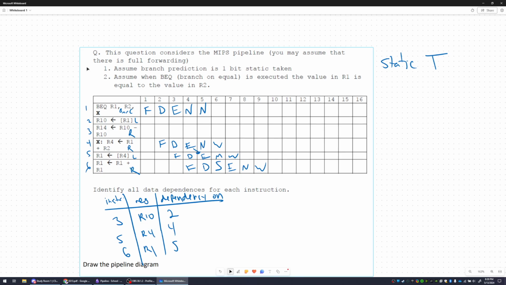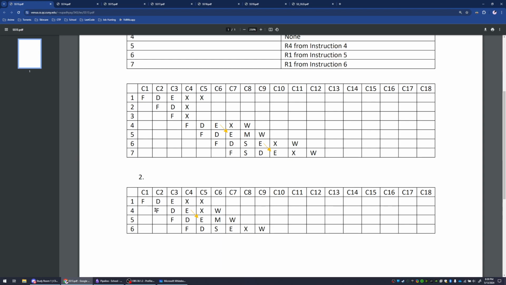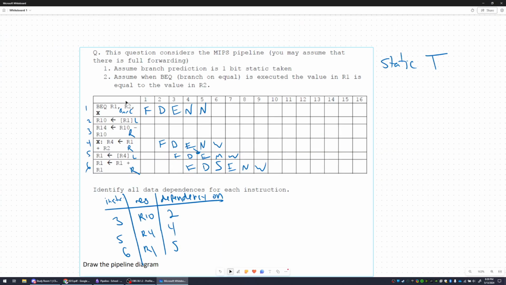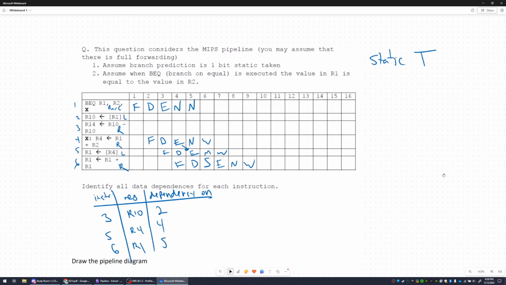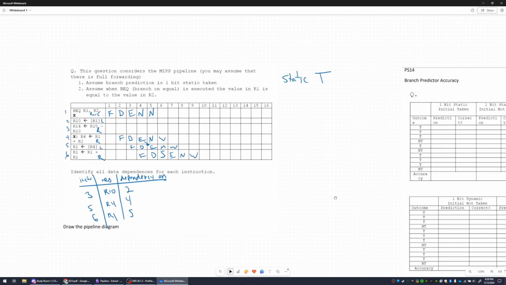Right, but if you look, line 4 is fetched before... oh, you're saying it's right after this decode? Oh, I see. Okay, interesting. So it doesn't matter. It's fine even with the branch predictor. Got it.